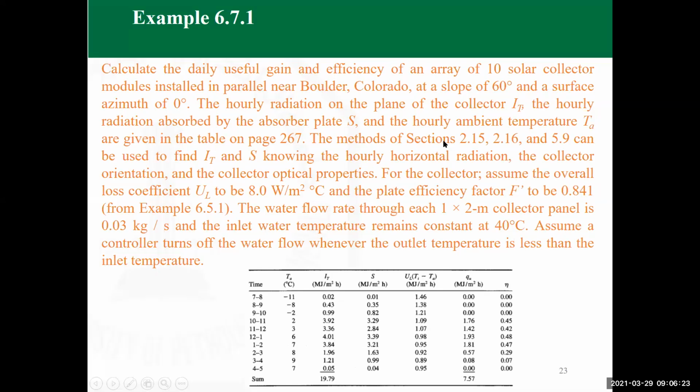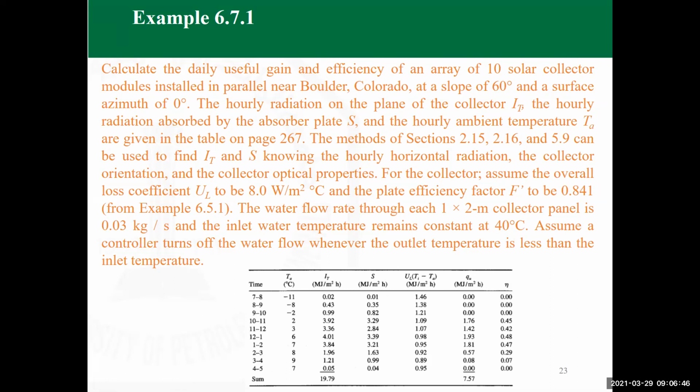Calculate the daily useful gain and efficiency of an array of 10 solar collector modules for a certain heating load, installed in parallel near Boulder, Colorado, at a slope of 60 degrees and a surface azimuth of 0.